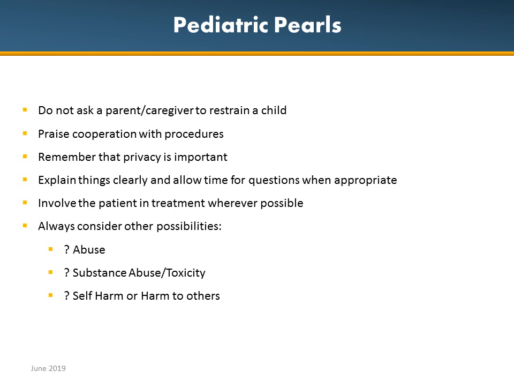Explain things clearly and allow time for questions when appropriate. Involve the patient in treatment wherever possible, and always consider other possibilities for their presentation. Are there signs of abuse, substance abuse, or toxicity for either the parent or caregivers? And are there any signs of self-harm or harm to others?